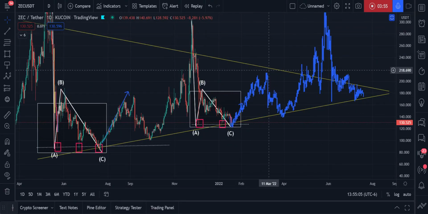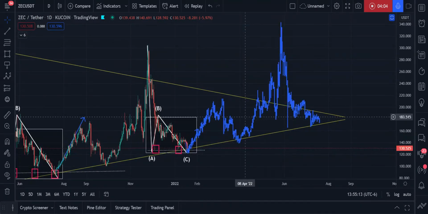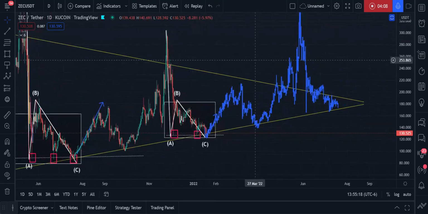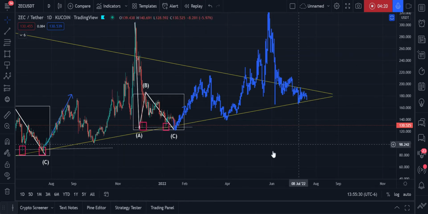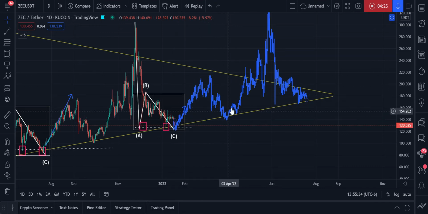We come up, test the upper line of the higher time frame triangle, come back down, find the triangle as a key level of support. Perhaps we bust out of the triangle similar to like we did here and we did here. Come back, claim that level of support, fail to break it, fail to hold it, and we break back below and enter the triangle again, and perhaps have a rinse and repeat scenario all over again with this type of correction price action, right? So don't take this as an exact blueprint.